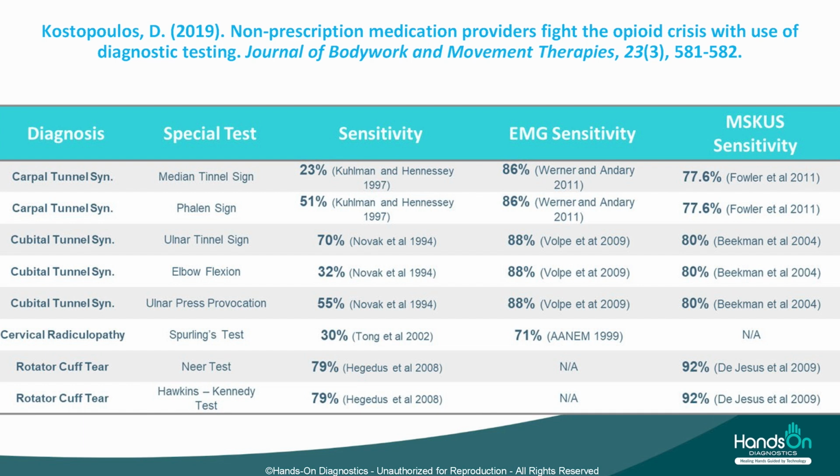So for different conditions, there is a variety of physical examination tests that you can use. And each of these tests has to be able, from a pool of people, from a pool of patients, to identify that this patient indeed has the suspected pathology, but also it has to tell you that with a certain degree of certainty.